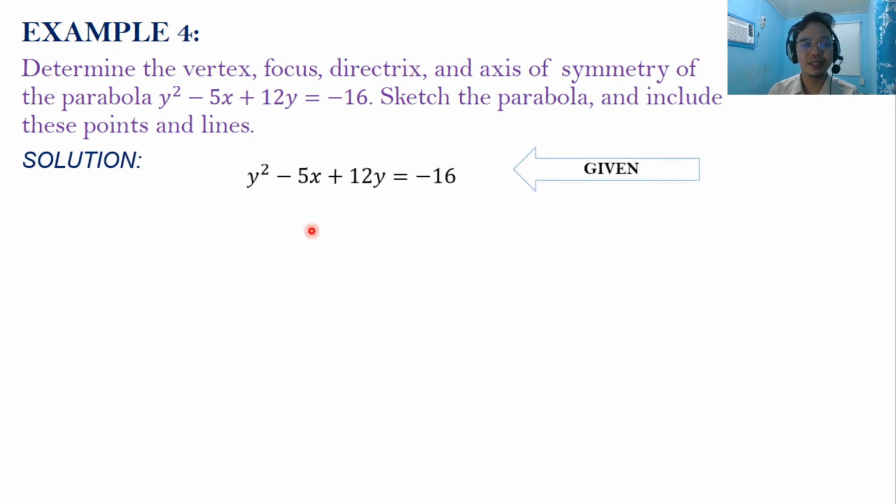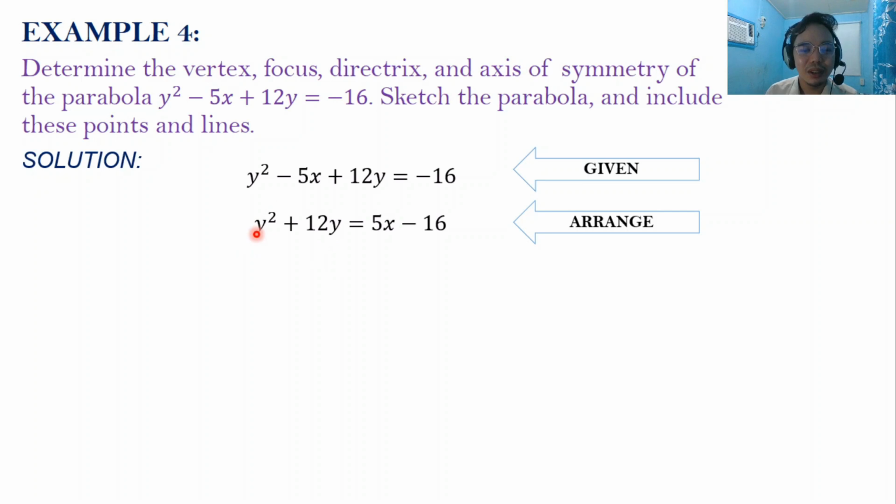So, let's have this. Y squared minus 5x plus 12y equals negative 16. This is our given. Kagaya lang ng nasa huling video natin, sa pagta-transform ng general form to standard form, we have this first step, arrange. Pagsasama-samahin natin yung mga terms na may magkakatulad na variable.